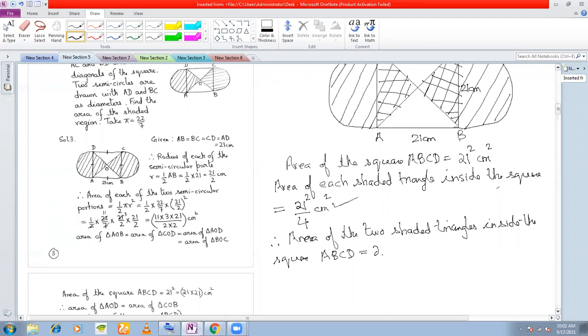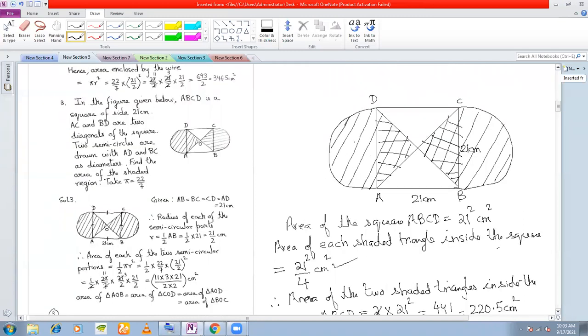Therefore, what is the area of two triangles? 2 into 21 square by 4. Here you can cancel. Now you can put the value of 21 square. 21 square, I think, is 441. Yes, 441. Which gives you 220.5 centimeter square. This is the area of the two triangles inside the square.